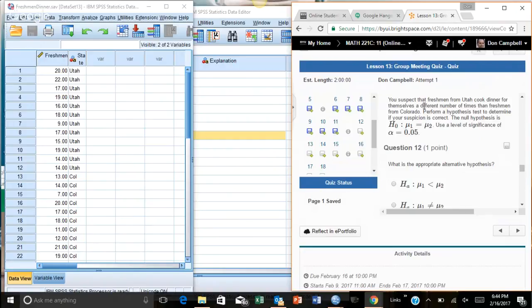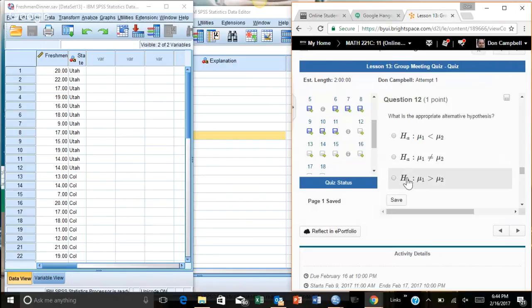Number 12 is the alternative hypothesis. When it says a different number, it doesn't say less or more. It means not equal, could be less or could be more. So which one do you say it is? I'm saying B, because it does not equal. I would agree. Okay, cool.